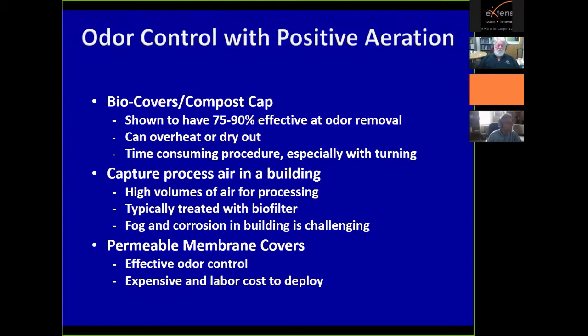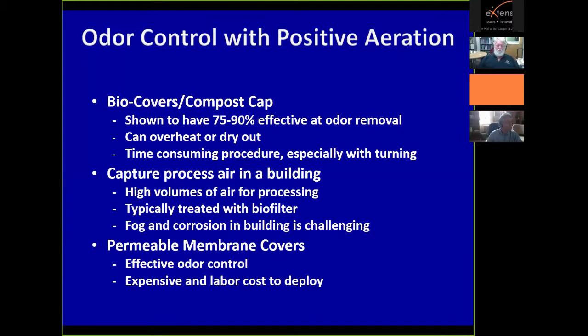They are somewhat time-consuming to install. In the Phoenix project, they have both positive and negative air, and they turn their piles 4 times between 4 different stages. So every time you turn a pile, you have to cover it again. With a biocover, that can be time-consuming, and depending on how close your piles are together, can be hard to install.